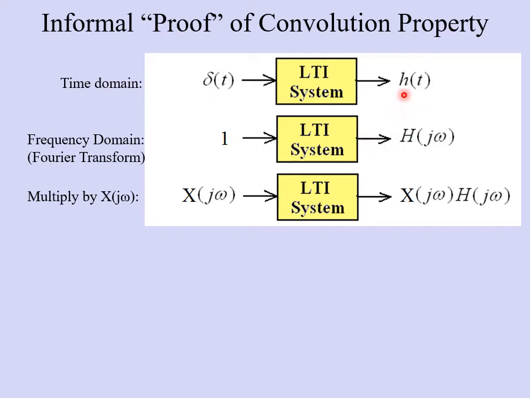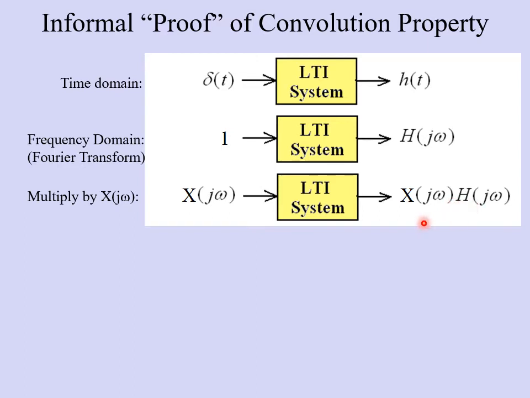And of course, the Fourier transform of h of t is H of j omega, which is the frequency response of the system. Then if we multiply both sides by this function, which is not a function of time but a function of frequency, X of j omega, we get a result which is basically the convolution property. Notice there's no convolution here, this is just multiplication of X and H.